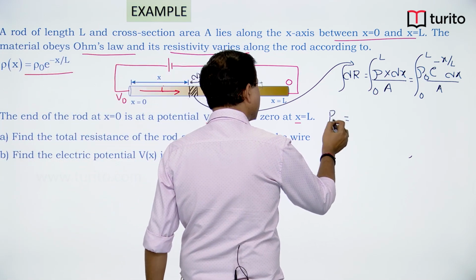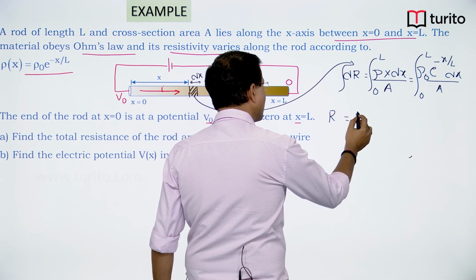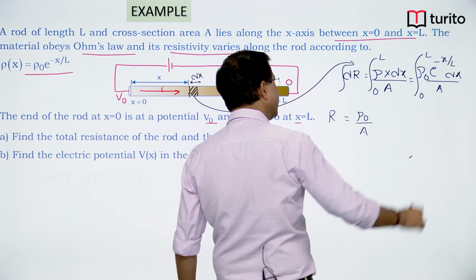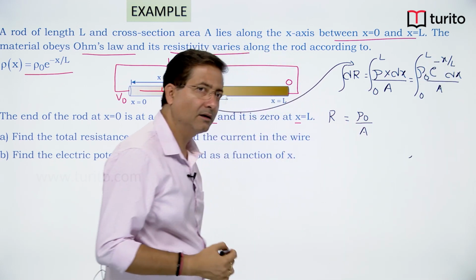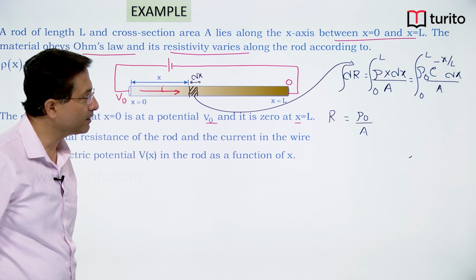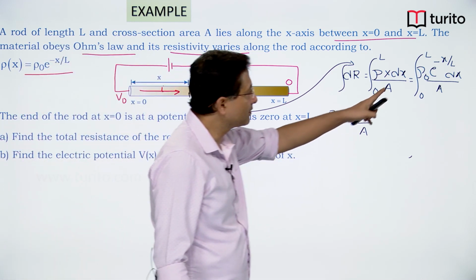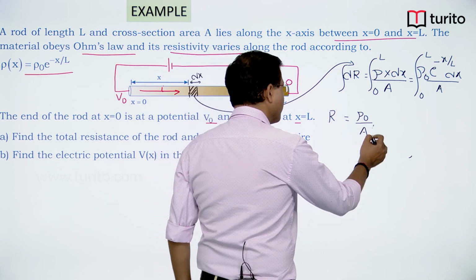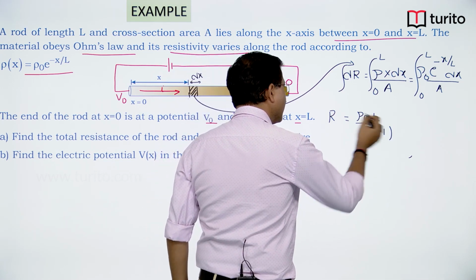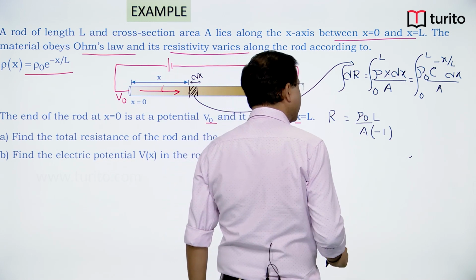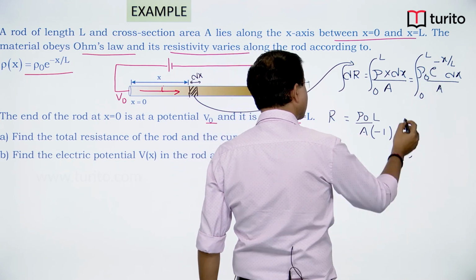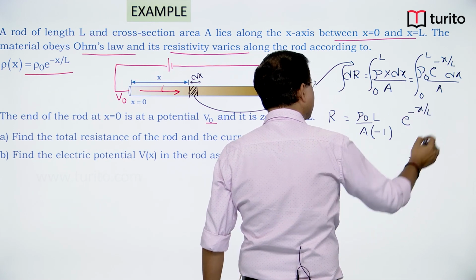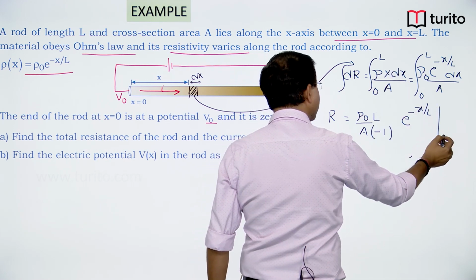So, for the total resistance, rho naught and A I can take out, these are constant, and for e to the power minus x by L, the integration, whatever is coming in front of x, that is minus 1 by L, will come in the denominator. So, I will write minus 1 by L, and the integration of e to the power x is e to the power x only. Then limit 0 to L.